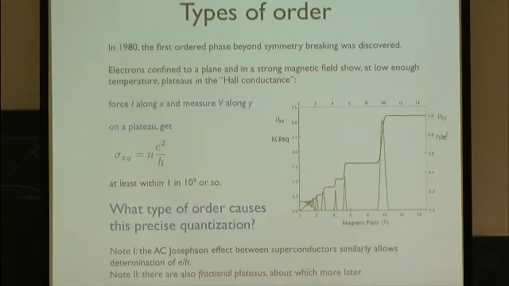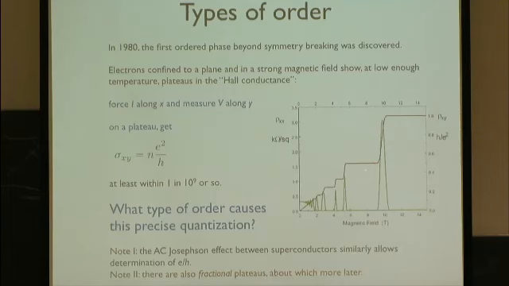We're at low temperature compared to the splitting, so we just ignore all excitations in the z direction. If you put on a magnetic field, run a current along x, measure the voltage along y, which is a so-called Hall effect measurement. This is a very standard semiconductor measurement to figure out how many carriers are there, and are they electrons or holes. Well, you see surprising plateaus, and they're flat to about 1 part in a billion.